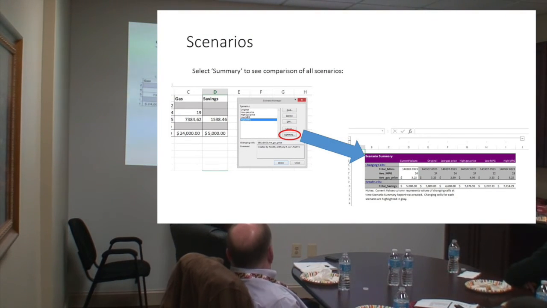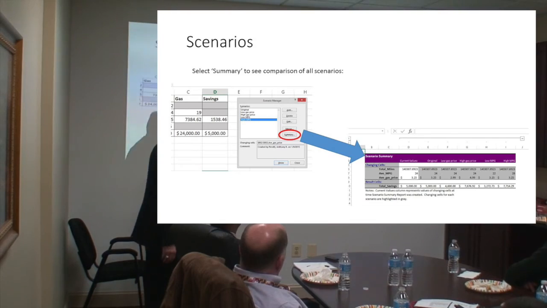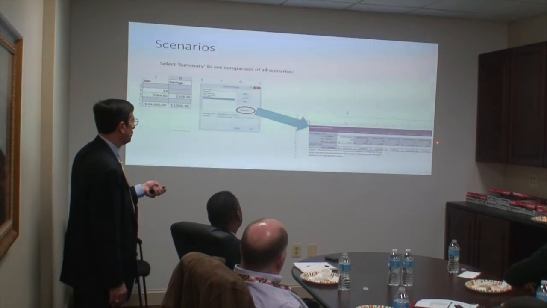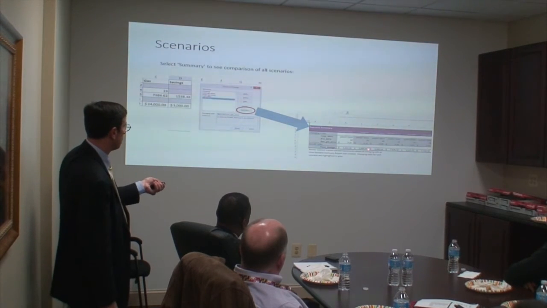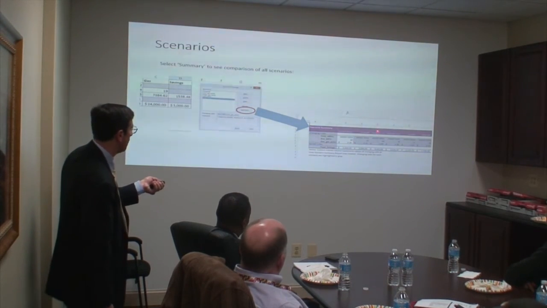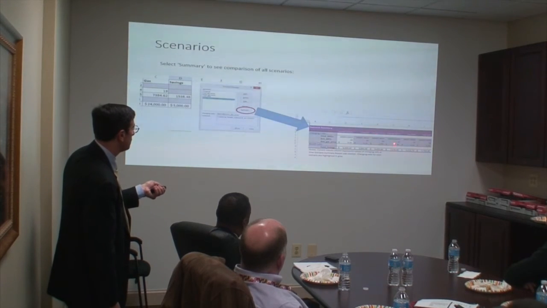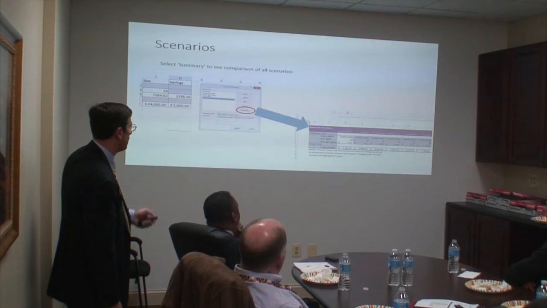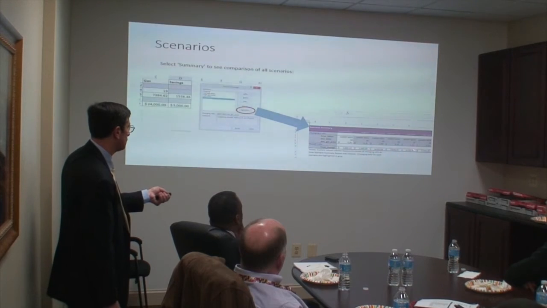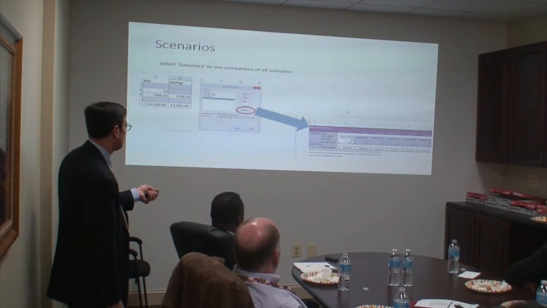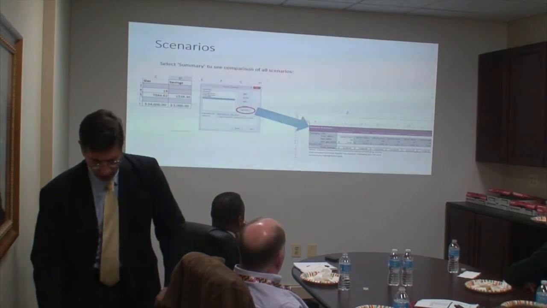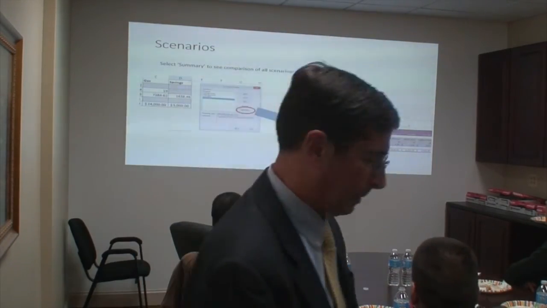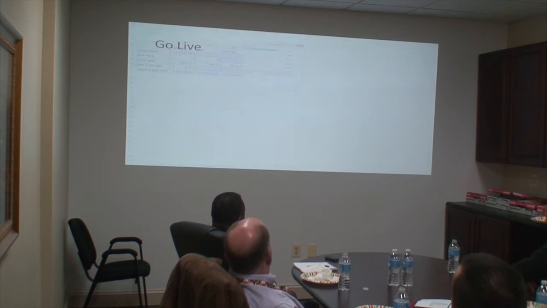You can click on summary and it gives you a complete summary of all the scenarios on one handy dandy table. You can see the original one, low gas price, high gas price, low MPG, high MPG, and the difference in the savings, again assuming the same 140,000 mileage on the car.